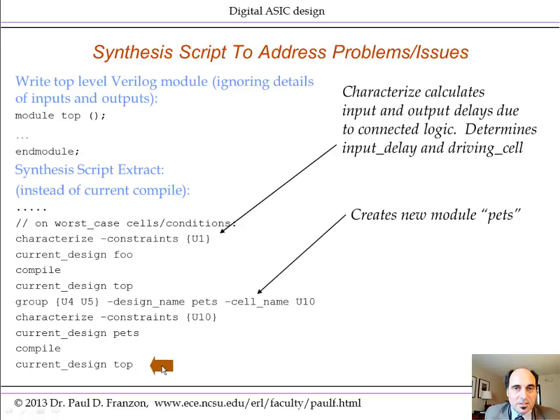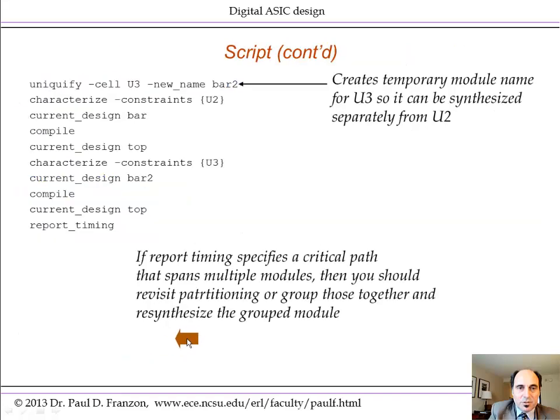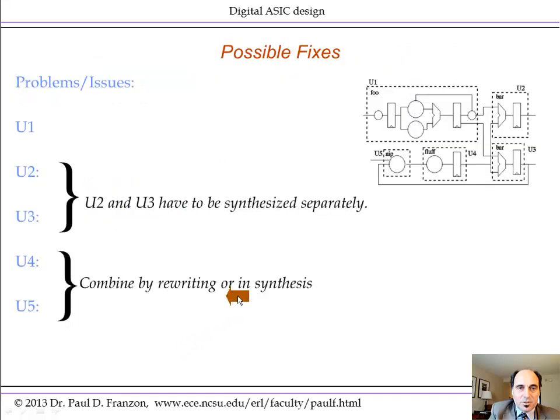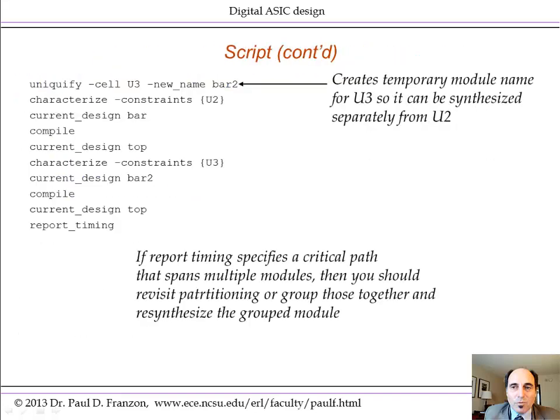Now what we're going to do is fix the problem that because U2 and U3 have different interface timing constraints, we want to synthesize them as if they were two different designs, not the one module bar. We do that by creating a new module within the synthesis structure by this uniquify command. We're going to run uniquify on cell U3, give that a new name, bar 2.